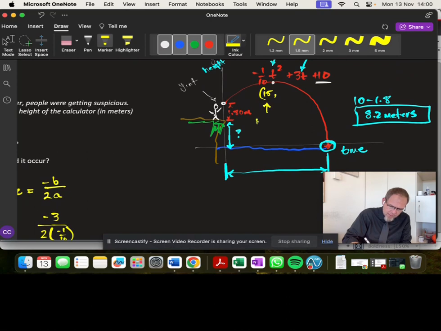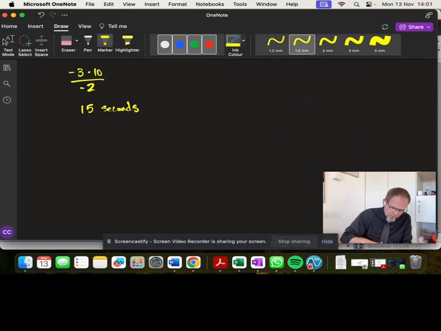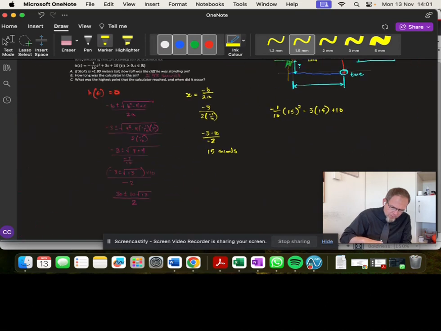This is the time. To find the highest point, I'm just going to take that equation, negative 1/10, 15 squared minus 3 times 15 plus 10. Did I get that formula right? Yep.